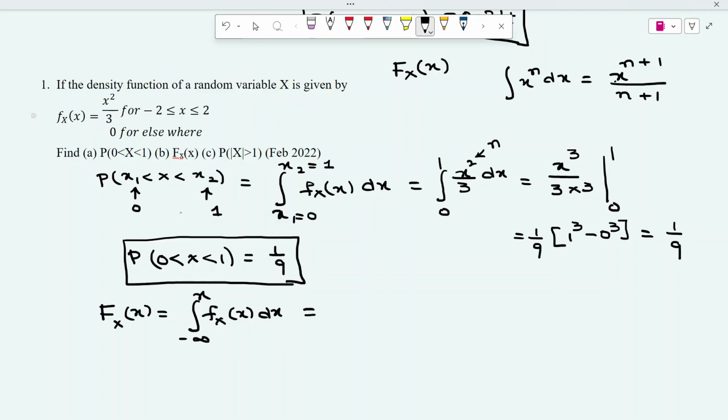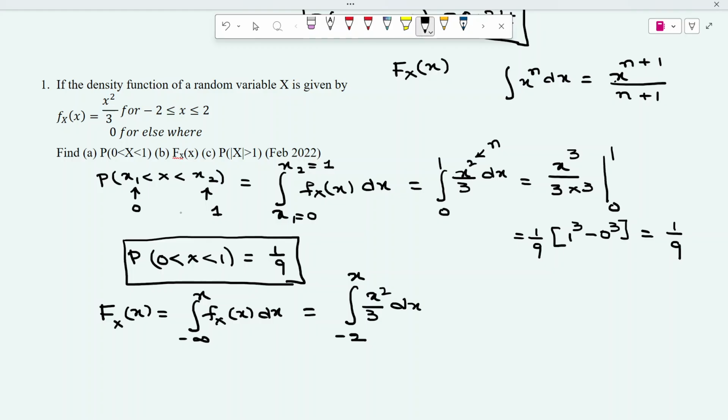Here the minimum limit is -2, so instead of minus infinity we can replace the lower limit with -2, because the density function exists only from -2. The upper limit will be x, and f x of x is simply x square by 3 dx.